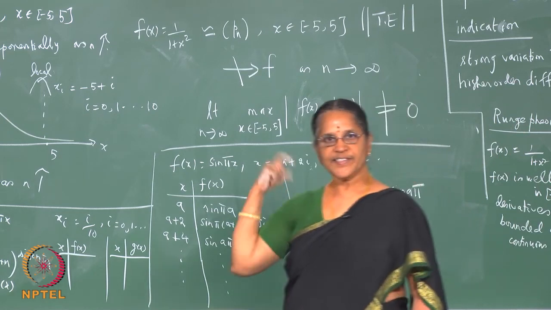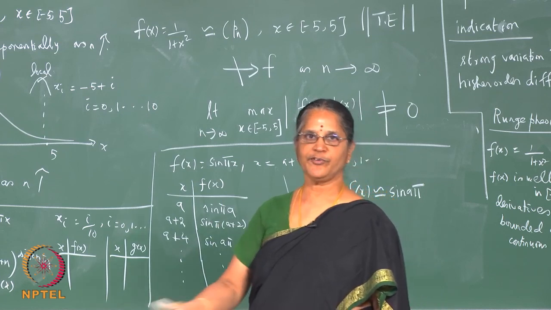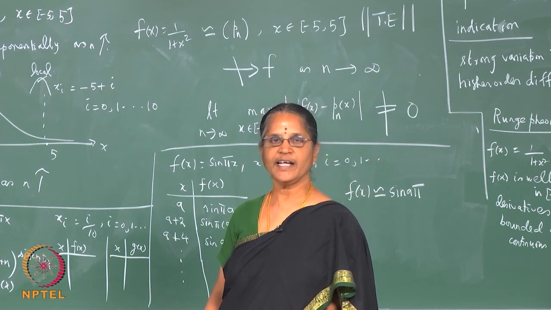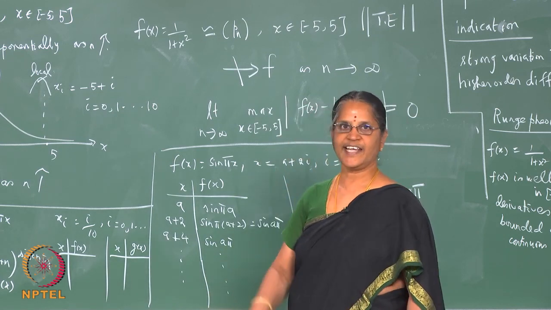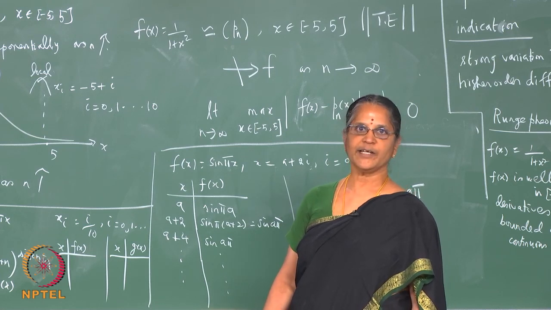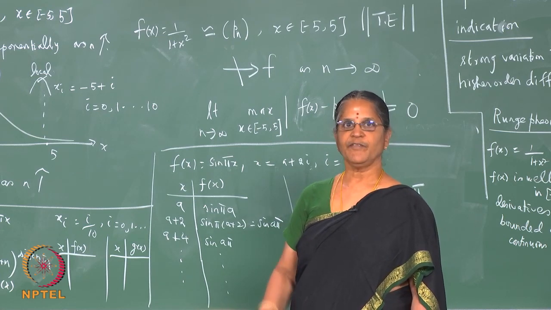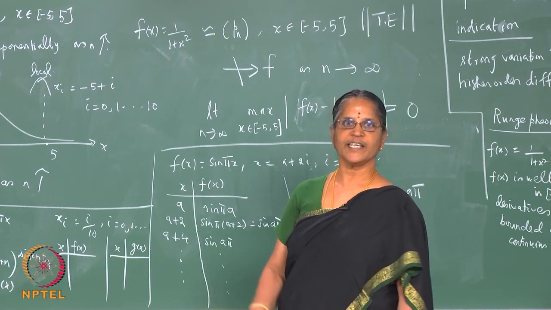And this topic is beyond the scope of the course Basic Numerical Analysis which we are studying now. And so I leave at this stage our discussion on the topic of interpolation by polynomials, and we move on to the next topic that is of interest to us in this course.